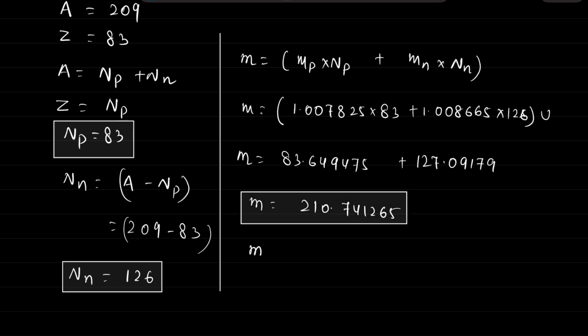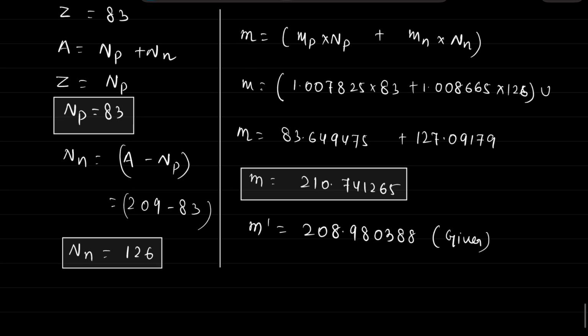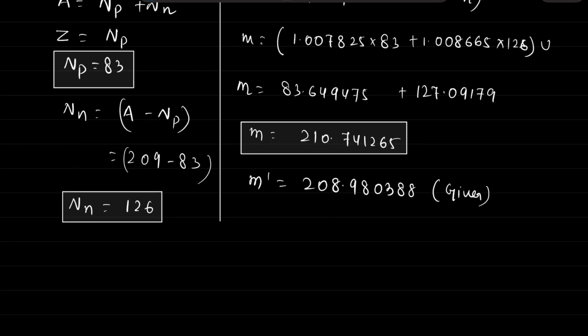Now the experimental mass is given in the question as 208.980388. This is already given in the question. The mass defect is our delta M. It is equal to theoretical mass minus experimental mass.